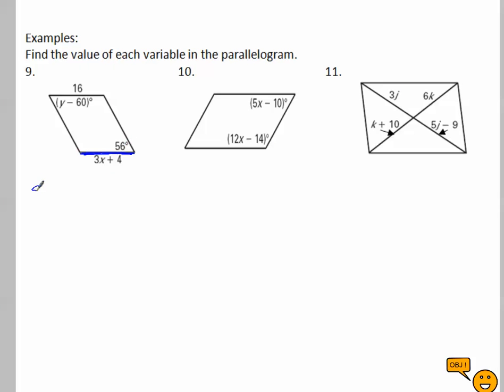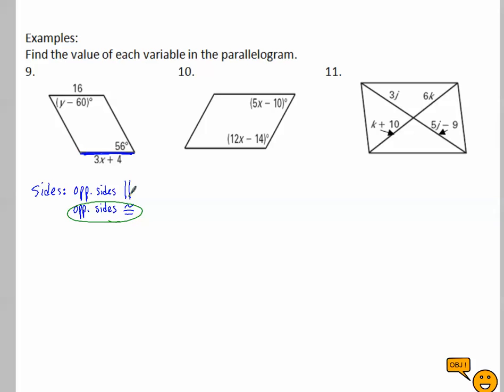When I think about sides in parallelograms, I think about, well, first, the sides are parallel. Okay, so opposite sides are parallel. What else do I think about sides? Opposite sides are congruent. Well, with measures and values, the most helpful one for solving these problems is going to be that opposite sides are congruent.